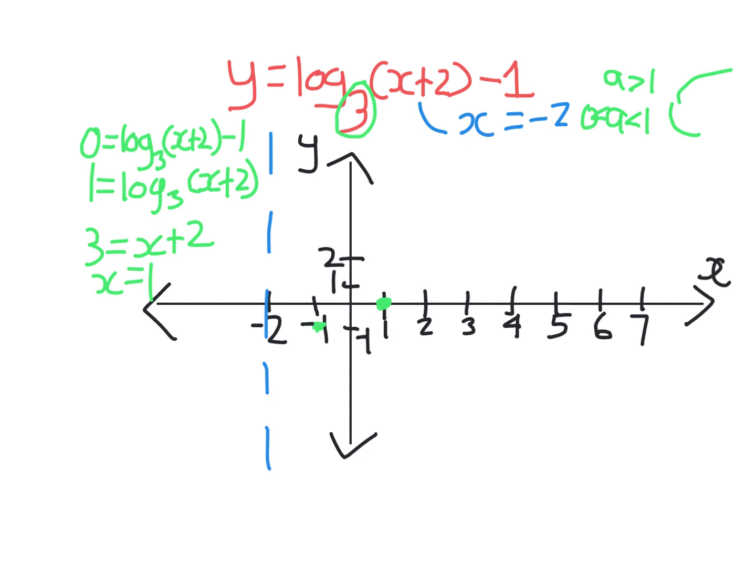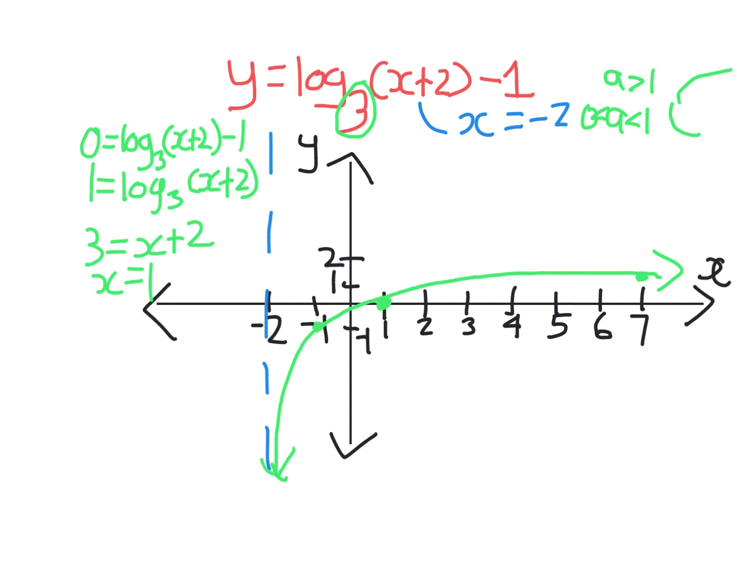You can just keep adding points until you see exactly what it's going to look like. For example, when x equals 7, I get log base 3 of 9, which is 2, minus 1, which is 1. So it will go through this point here, (7, 1). We know that by definition of the asymptote, it'll get closer and closer to, but never touch the asymptote. It's going to come up and go through these points. This is what the graph will look like.